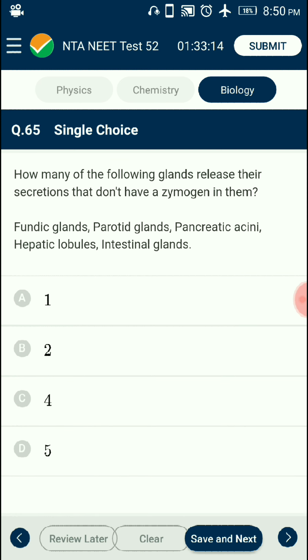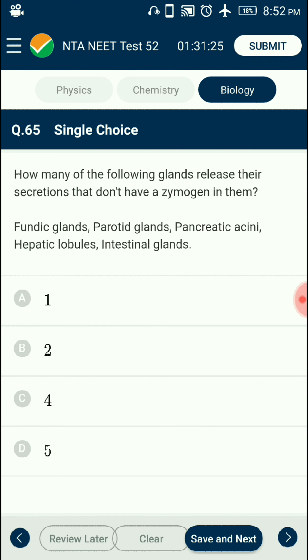Question number 65. How many of the following glands release secretions that do not have a zymogen in them? Zymogens, or proenzymes, are inactive forms of enzymes that get activated by certain conditions. Gastric glands secrete pepsinogen. It is a zymogen that gets converted into pepsin in the presence of HCl. Pancreatic acini secrete trypsinogen, chymotrypsinogen and procarboxypeptidases, which are all zymogens.